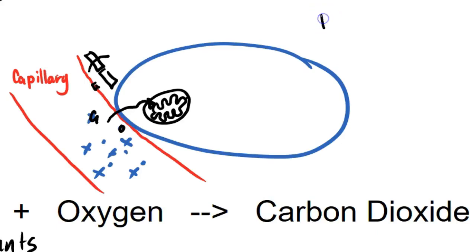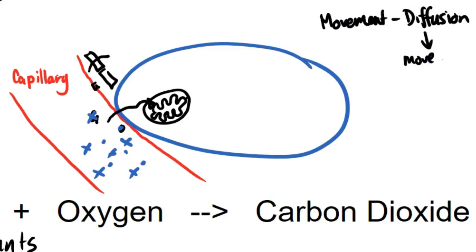First of all, it's dependent on diffusion, which is the random movement of particles, and that random movement of particles is based on energy. You can't move randomly without energy. Heat energy specifically.